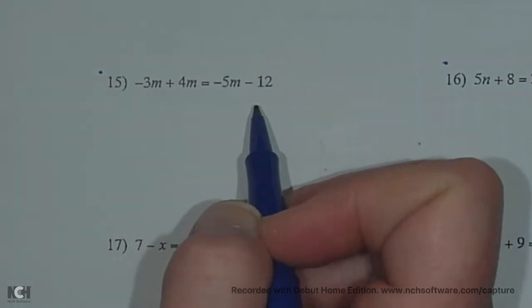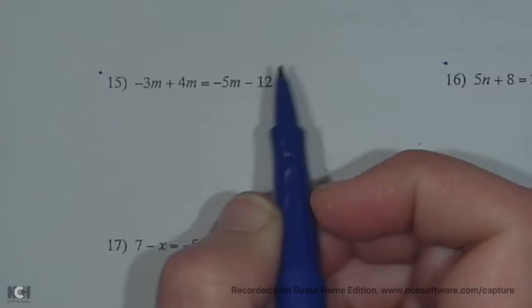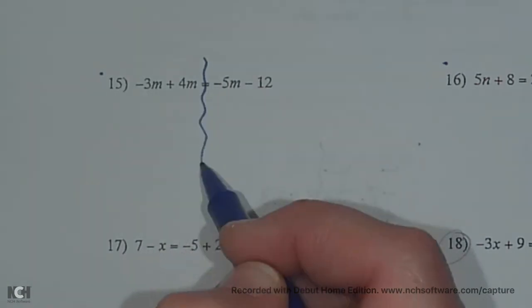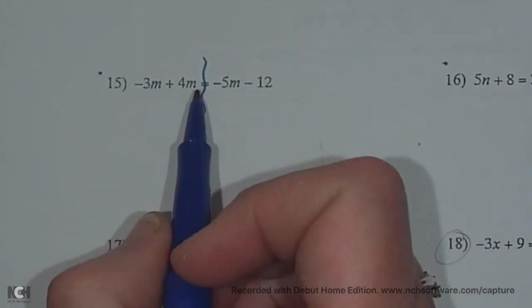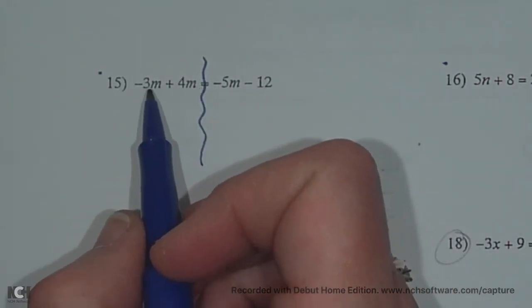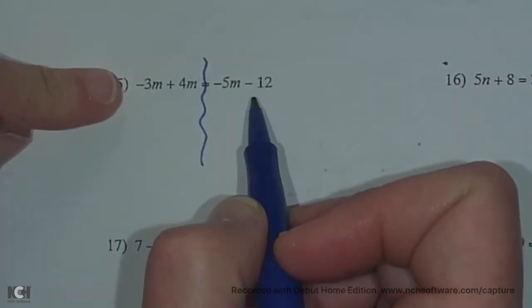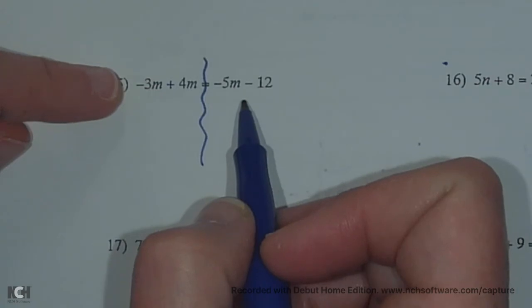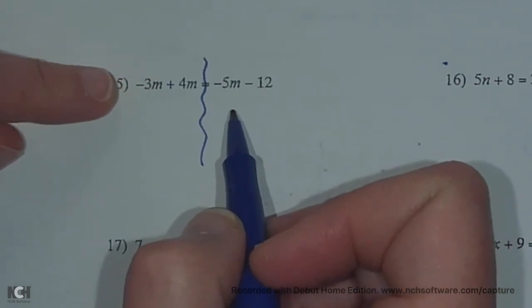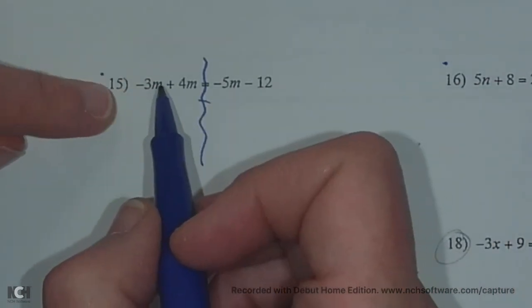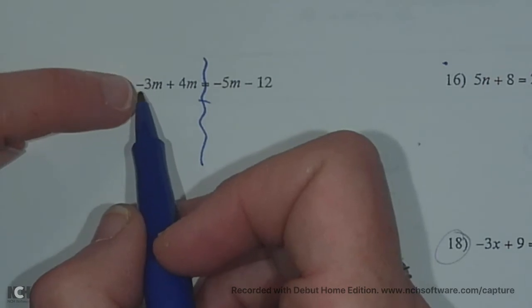So we're going to go ahead and combine like terms first here. And again, we can only look on one side of the equals sign at a time. So can I combine the negative 3m and the 4m with the negative 5m? Not really. I can take care of those a different way later, and I'll show you that in a second. But what we can do is combine the negative 3m and the 4m.